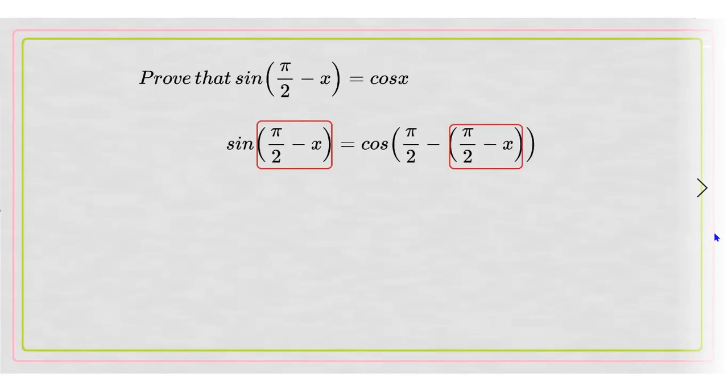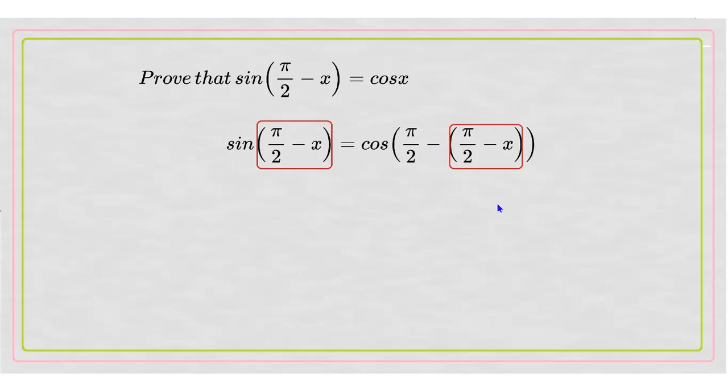See here on the right side, cos of pi by 2 minus x, the something in the red box, that is x. Cos of pi by 2 minus x is equal to sin x. On the left hand side it is sin of pi by 2 minus x. Therefore we can write: sin of pi by 2 minus x equal to cos of pi by 2 minus, pi by 2 minus x.